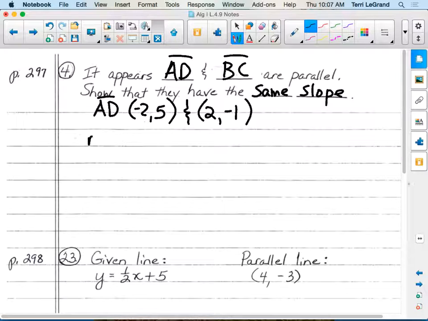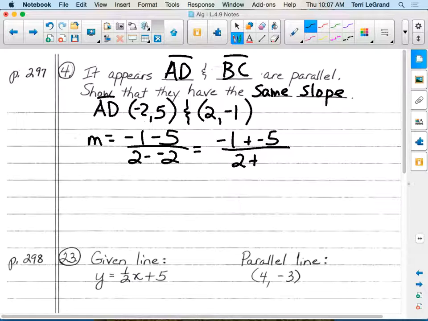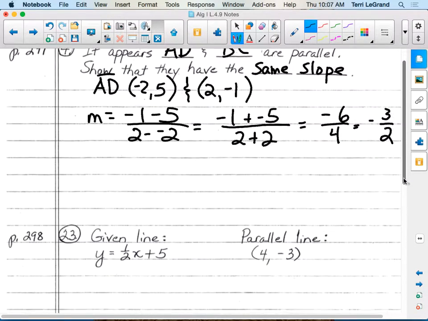Yeah, we do the slope formula, don't we? Okay. So M equals. Go ahead and do it. Because you again know how to do this also. When you're done, you can check me out, see if I'm right.